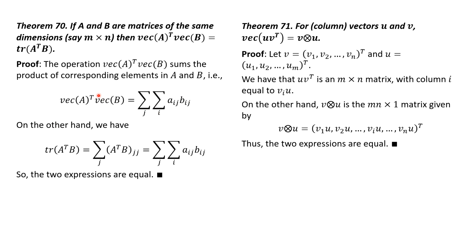On the other hand, if you look at trace of A transpose B, this equals the sum over J of A transpose B, taking the element JJ, and then this equals the sum over all the elements in A, B multiplied together that have the same indices. In other words, the same thing as we had here.